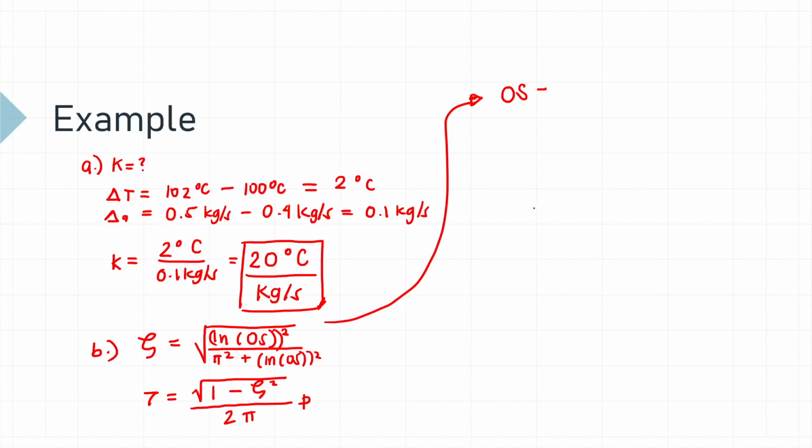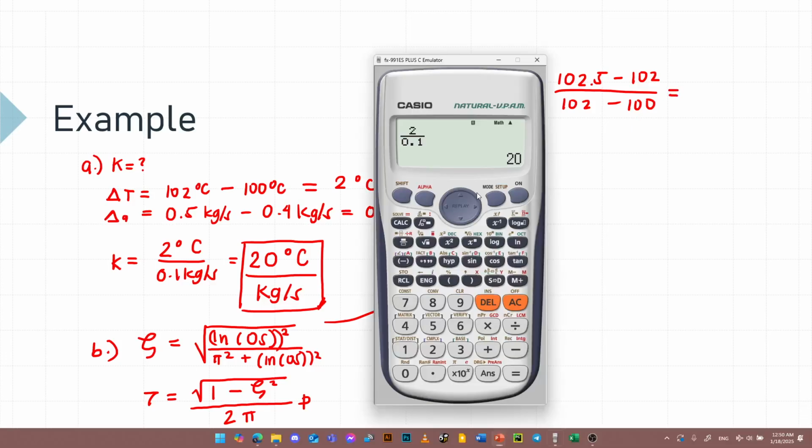The second peak is somewhere around the previously mentioned 102.5 and 102. That's from the previous value. Remember, the steady state is 100. So this one is the other peak. That's 102. This should be equal to, let's see what our calculator would say. According to our calculator, 102.5, that's our second peak.